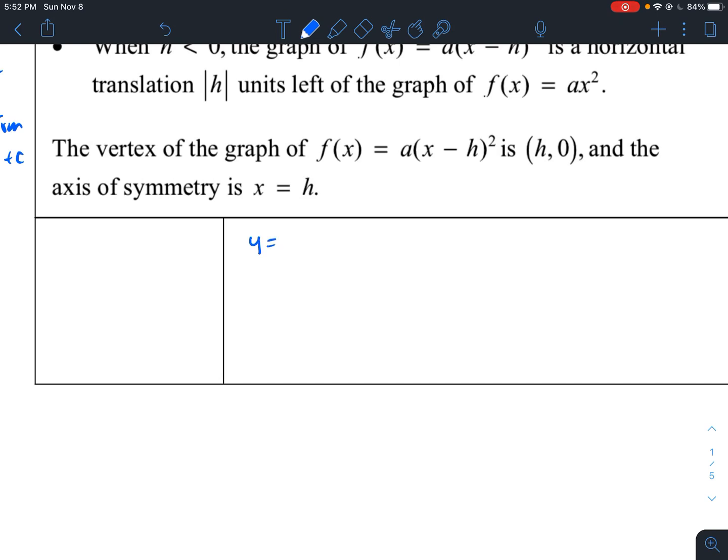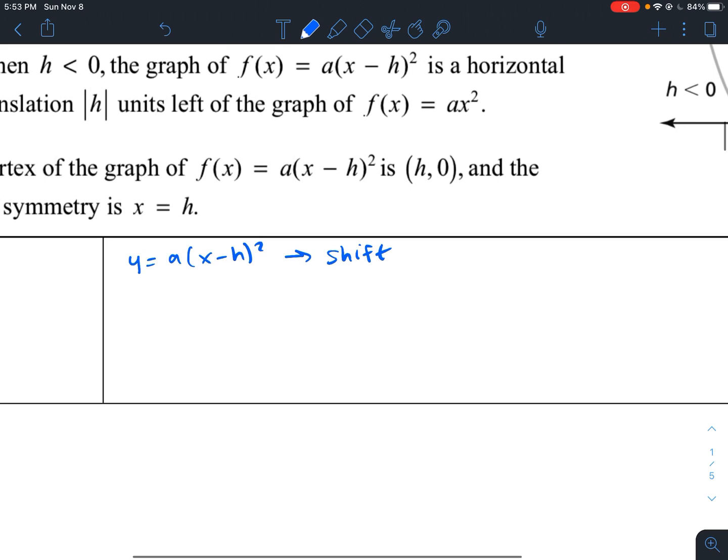So if y is equal to a times x minus h squared, if this is minus, then you shift right.